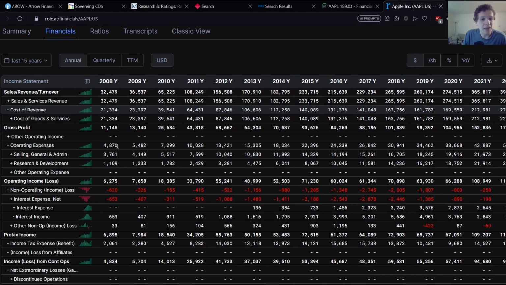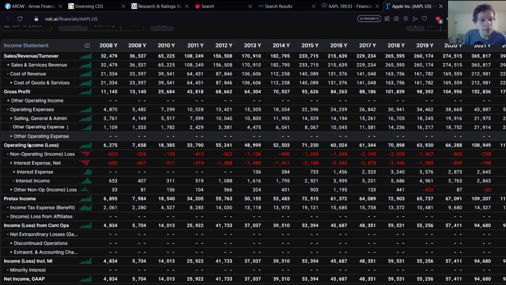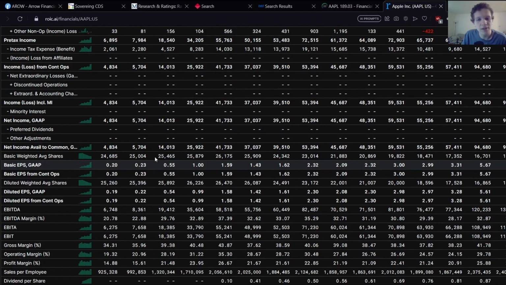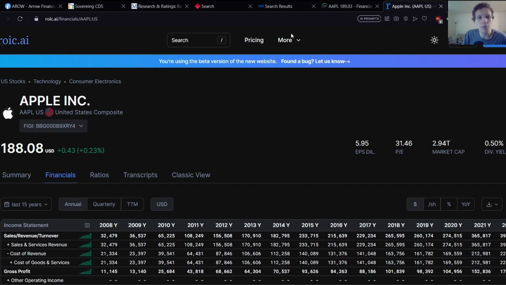And this can be everything, and they really break it down, right? Look at how they break down gross profit, and you can open and close a lot of these things. So yeah, I think both of these websites are pretty wonderful if you don't want to pay for traditional services such as Yahoo Finance or Seeking Alpha, but do want a little bit more historical financial data.